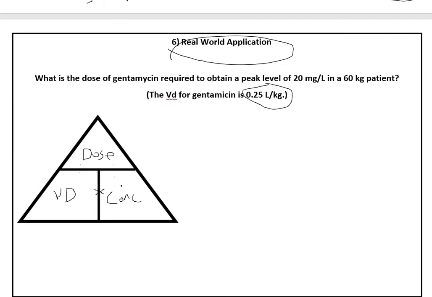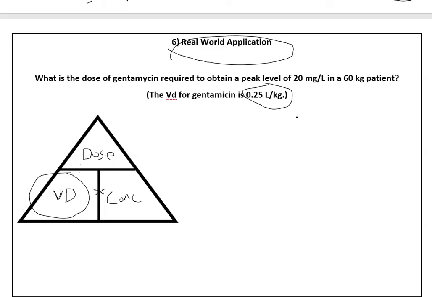So if we know the volume of distribution and we want to work out the dosage, what we have to do is times the volume of distribution by the concentration required in the body.